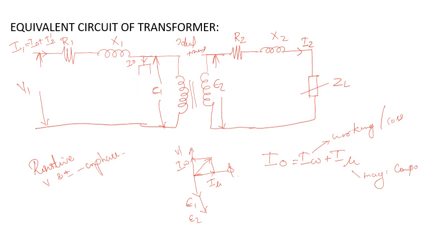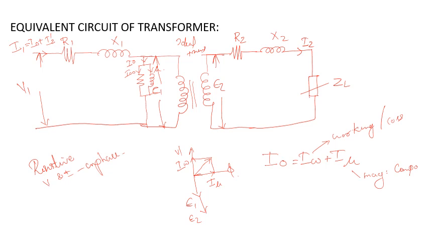Here I can represent a resistance, okay, and IW here, and the magnetizing component I mu I can represent like the symbol of an inductance, okay. So this is the equivalent circuit of a transformer.